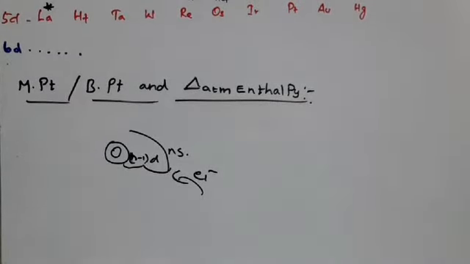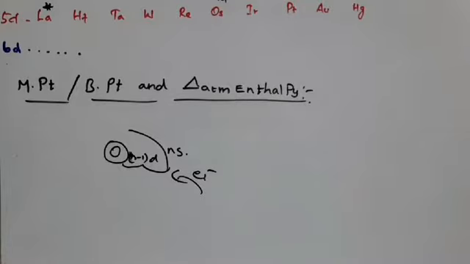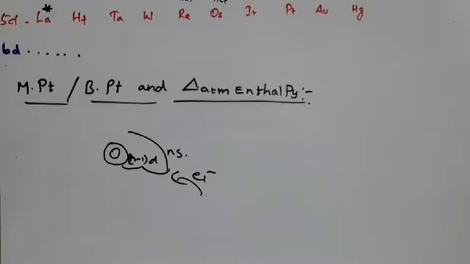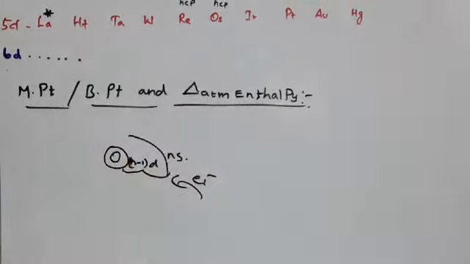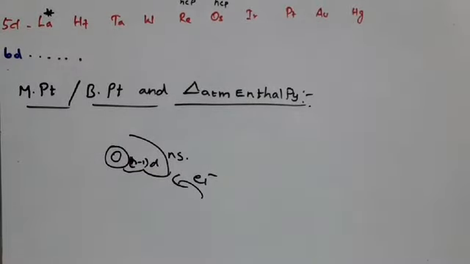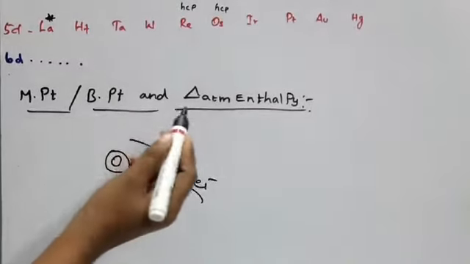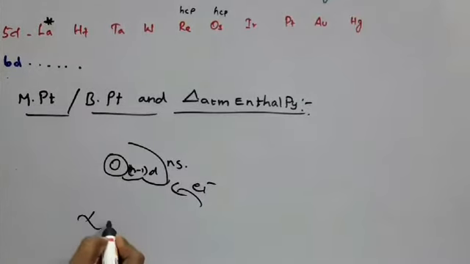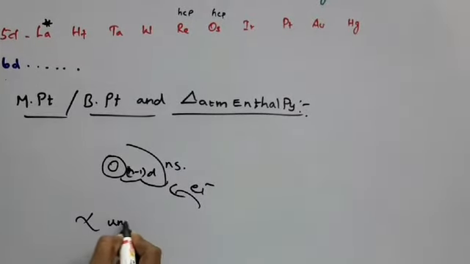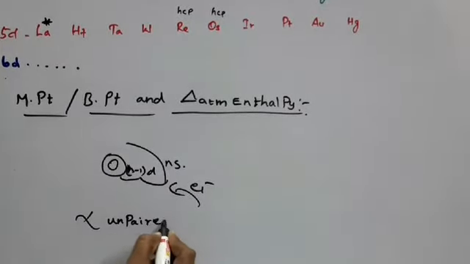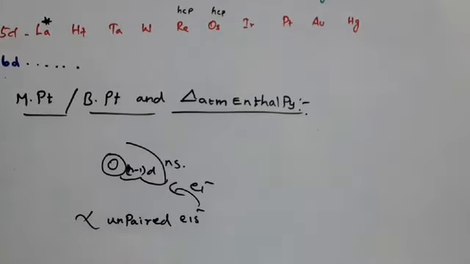Okay, so whenever a question asks why transition elements have a high melting point, boiling point and high atomization of enthalpy, immediately remember that the melting point and atomization of enthalpy are directly proportional to the presence of unpaired electrons. Unpaired electrons, these are the terms you have to use.